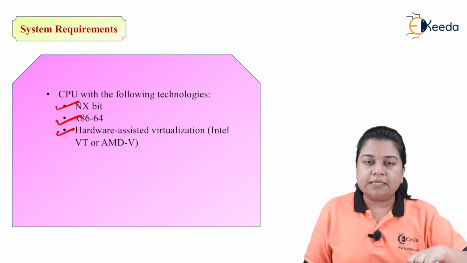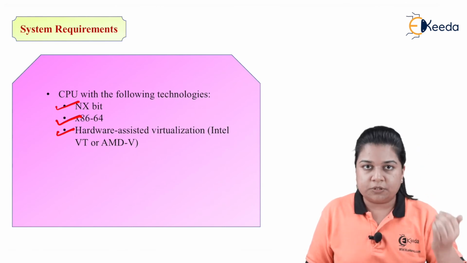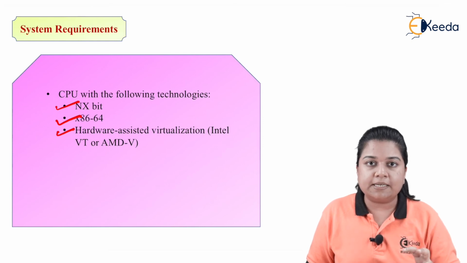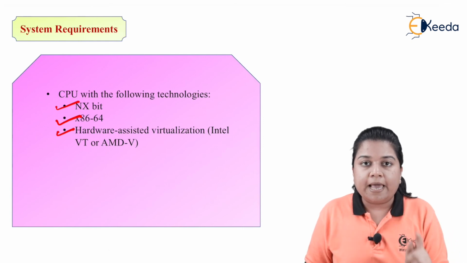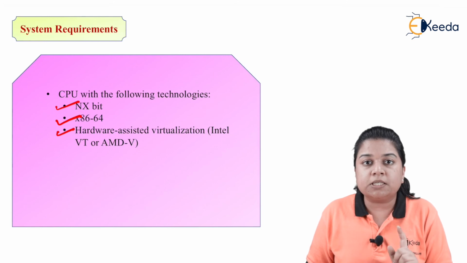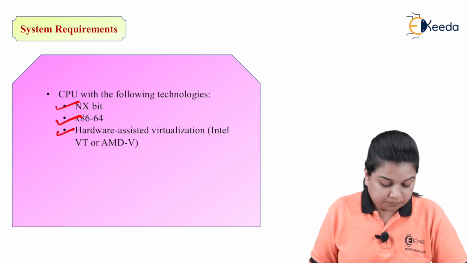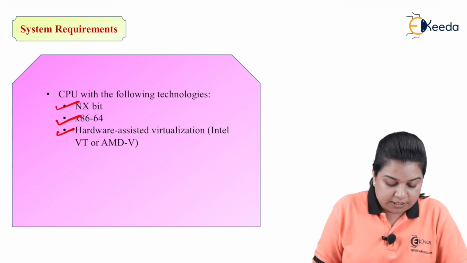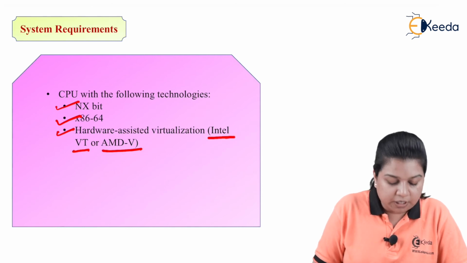We have been discussing this x86-64 for a long time. Now, what is this x86-64? It is the x86 architecture with 64 bits. Hardware-assisted virtualization can be Intel VT or AMD-V.